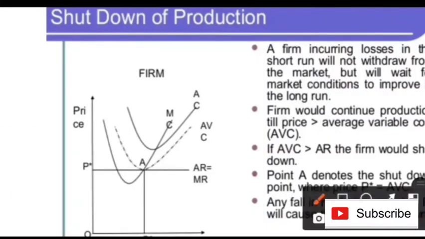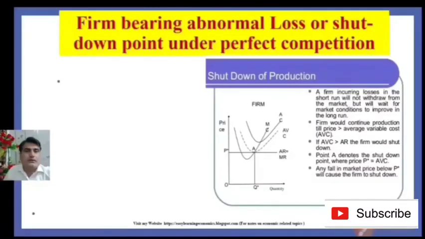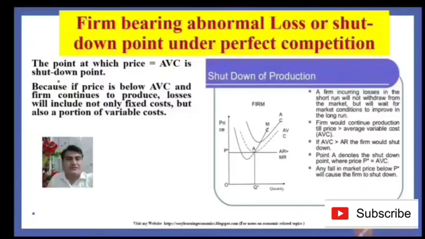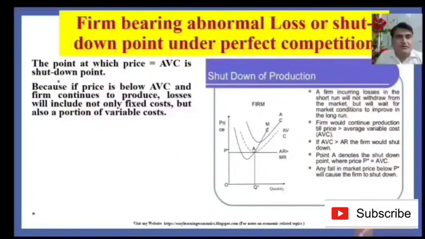The firm is not recovering its average cost, so average cost lies above. We can say the point at which the price is equal to average variable cost is the shutdown point, because if price is below average variable cost and the firm continues to produce, losses will include not only the fixed cost but also a portion of variable cost.